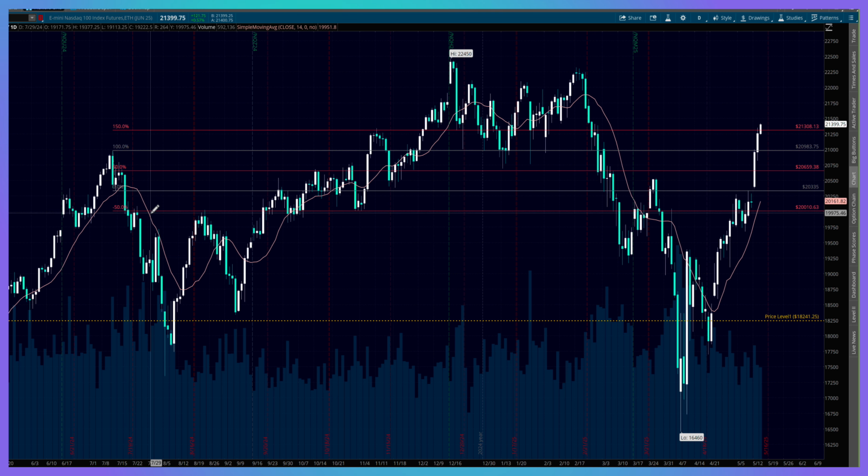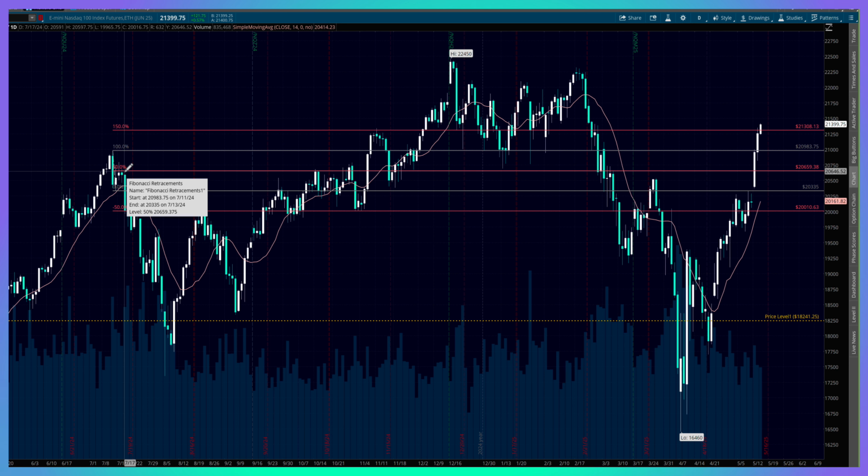So, notice, high, low, lower high. That's a shift of market structure. I'm no longer making new highs, so I go, well, if I can't hold a 50, I'm going to head down to the bottom and then to the negative 150.